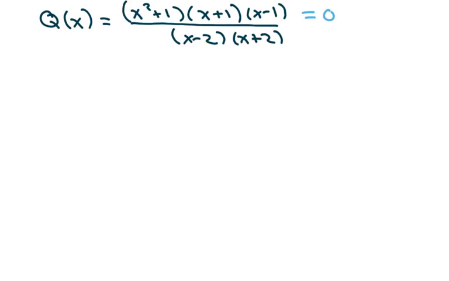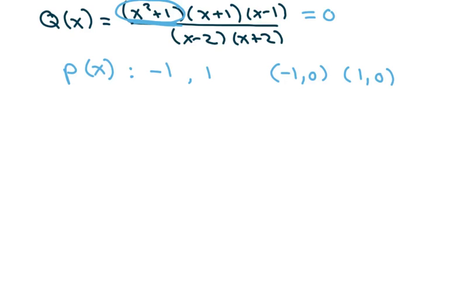And what you're going to get is the x-intercepts are the zeros of p. P of x is our numerator. And that's going to be negative 1 and 1. This one is complex roots, so we're not going to deal with that one. That would be plus or minus i. So our x-intercepts are negative 1, 0, and 1, 0.